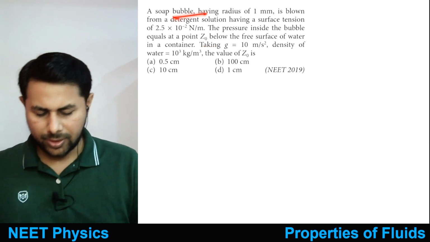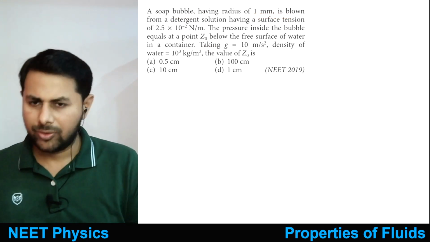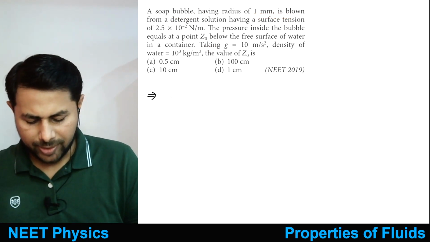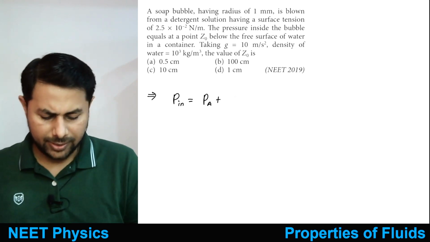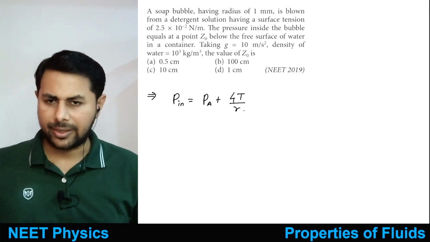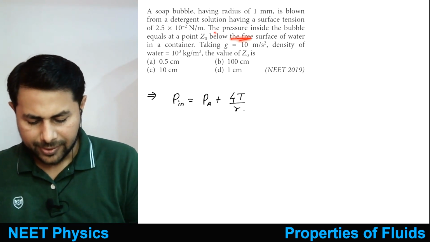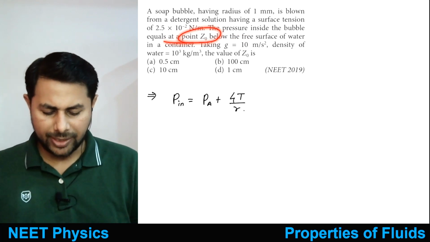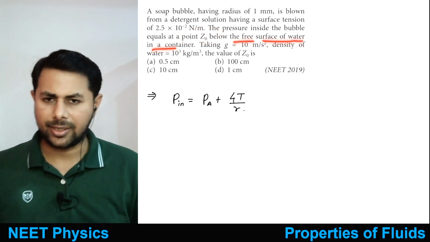You have a soap bubble, right? So then we know that pressure inside the soap bubble would be equal to atmospheric pressure, PA plus 4T divided by R. Okay, this is pressure inside the soap bubble, and then it is equal to the pressure at a point Z naught below the free surface of water in a container.